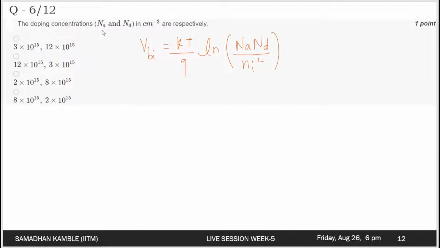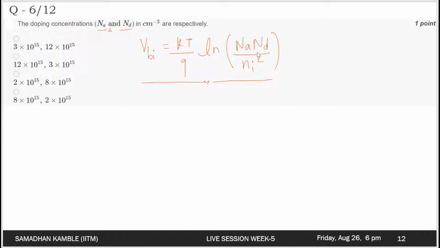So we need to find out Na and Nd. So built-in potential in terms of Na and Nd is given by this particular relation. We saw it in the previous week, but here we need to determine both Na and Nd.